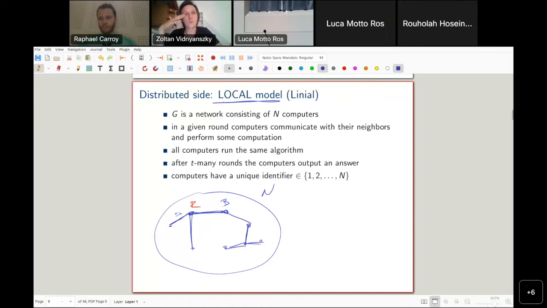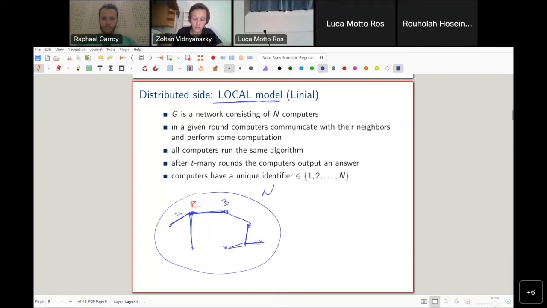But then if you do just what I said, the whole model becomes less interesting, because in a few rounds, at least, the computers cannot do anything meaningful. They cannot distinguish between really anything, so they will output the same things. So there are symmetries, potentially, and you have to break the symmetries.